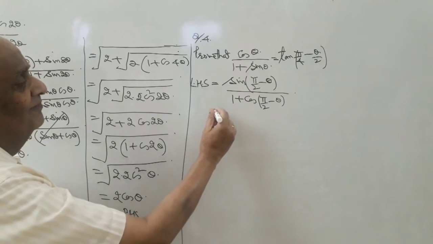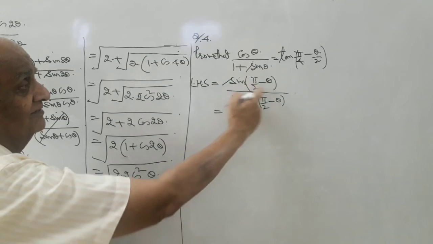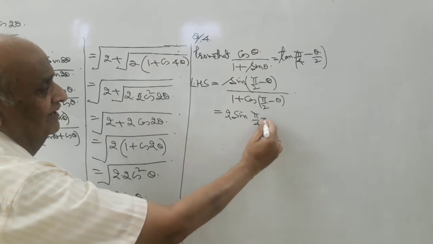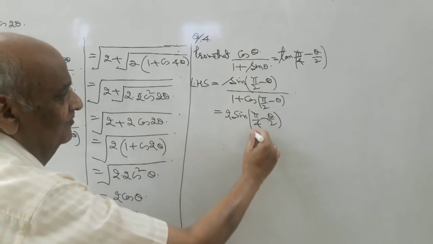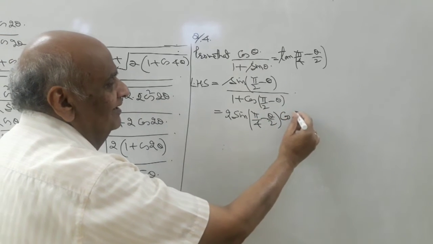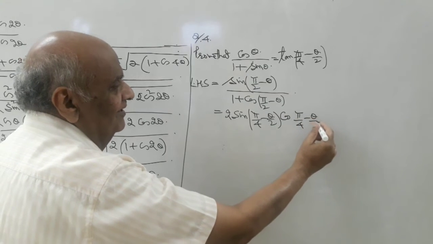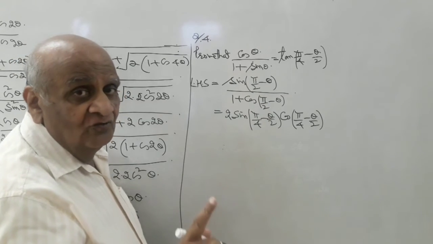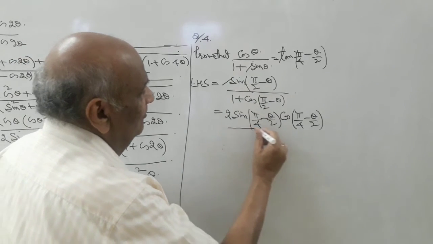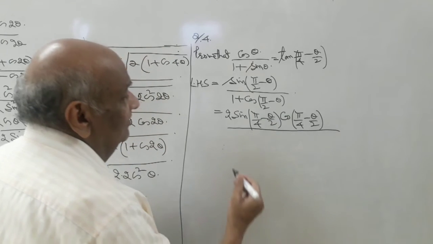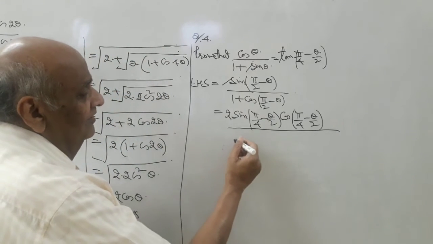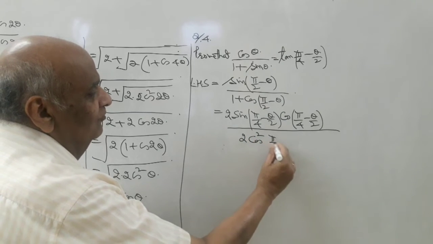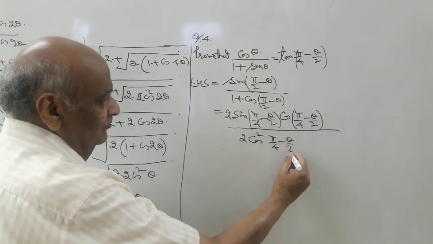And this becomes, apply here the multiple angle, sin theta, 2 sin of pi by 4 minus theta by 2 cos of pi by 4 minus theta by 2, because sin theta is 2 sin theta by 2 cos theta by 2. This upon 1 plus cos theta, 2 cos square of pi by 4 minus theta by 2.